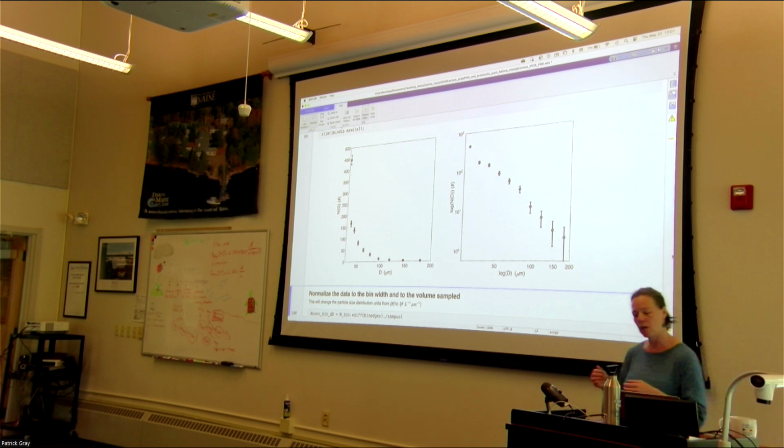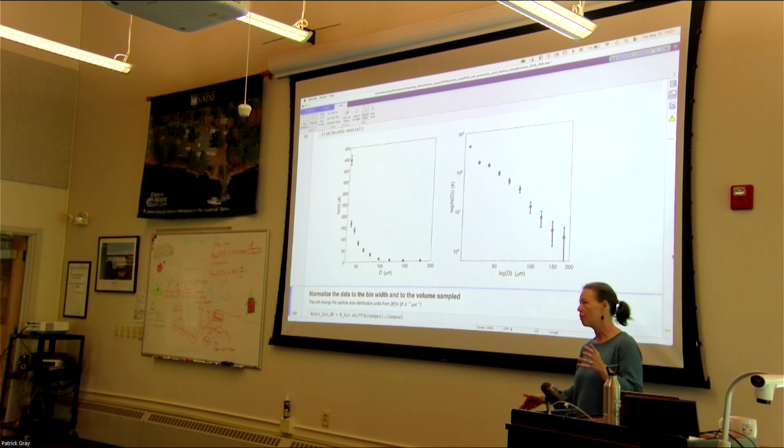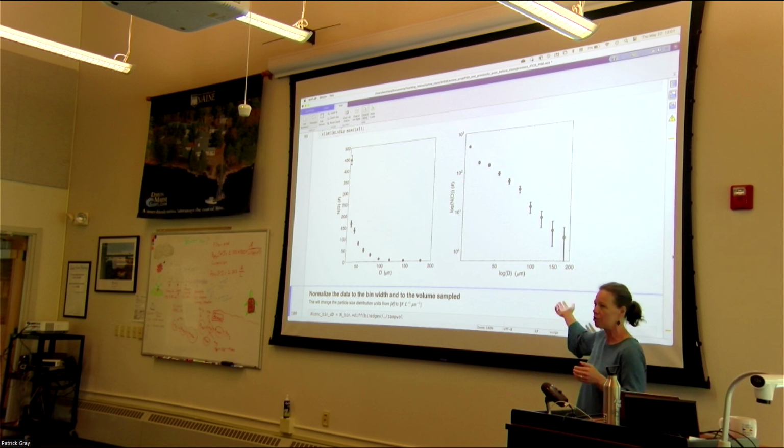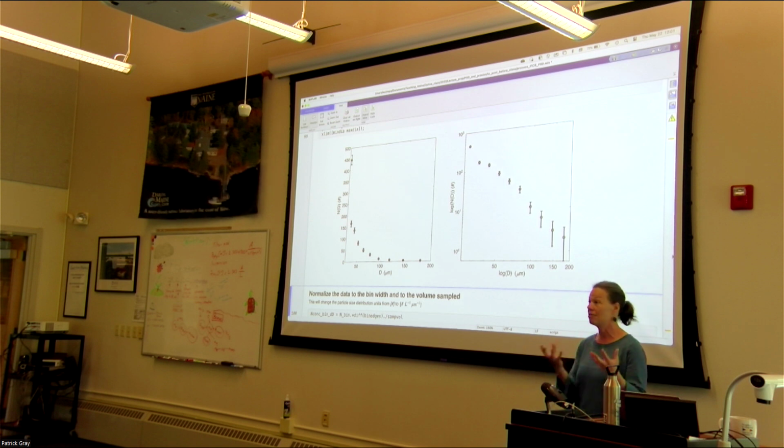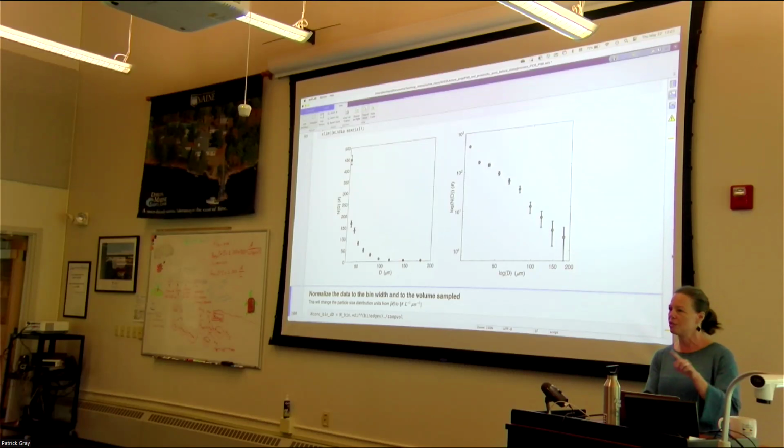So if we actually want to fit a distribution to that, or importantly, if we want to compare the particle size distribution measured with this instrument to a different instrument that maybe has completely different sensitivity or sample size, we need to normalize to the bin width.